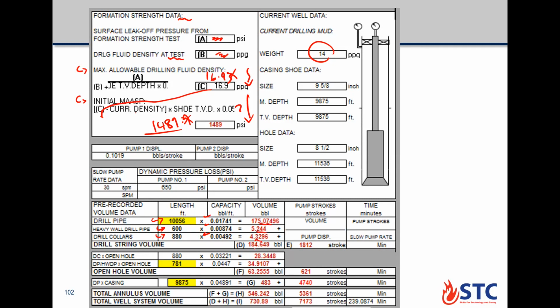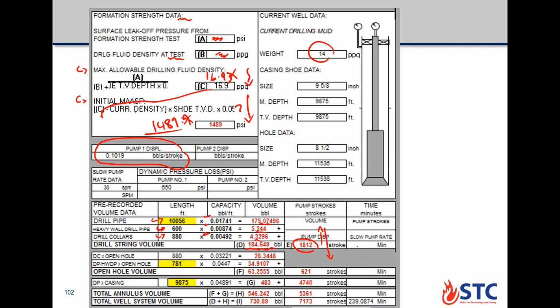Then make the summation for all of these numbers. So now we have the final result in barrels. Then converting into strokes by dividing over the pump displacement, barrels per stroke. Now we have the volume in strokes. If you round down this value, it's okay.